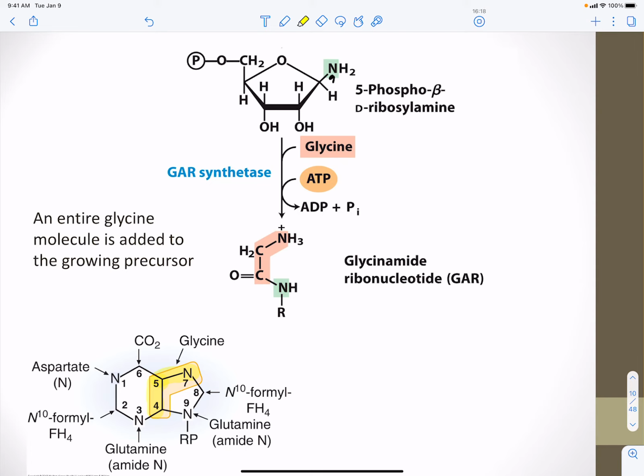And so you have your nitrogen that came in from glutamine, which gave you that nitrogen 9 off of your ribose. And then you have your glycine that is going to be transferred to this growing chain. So this is through a glycine synthetase.